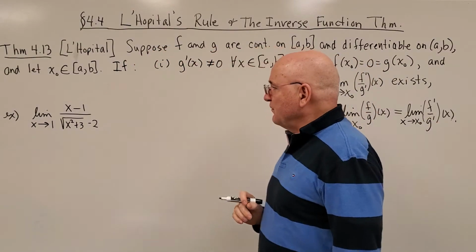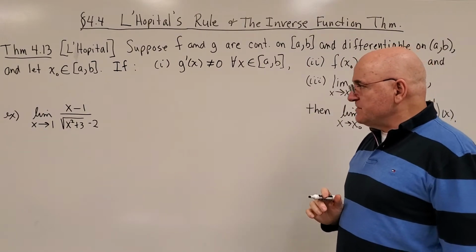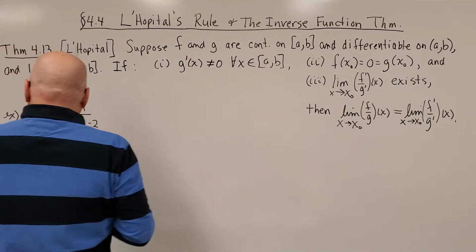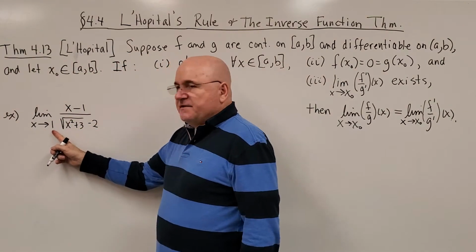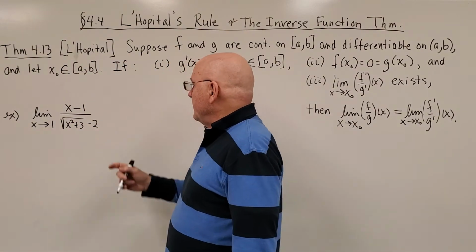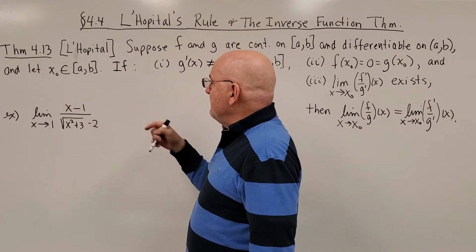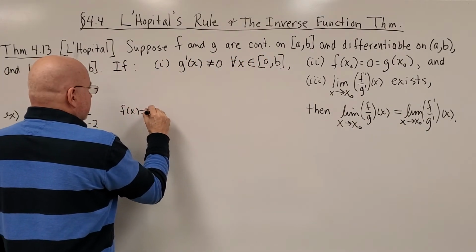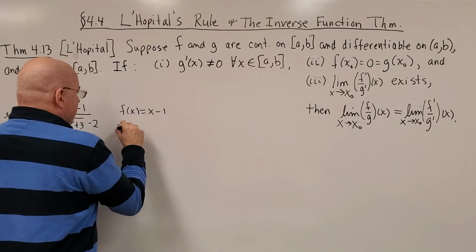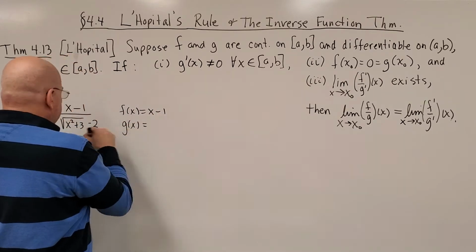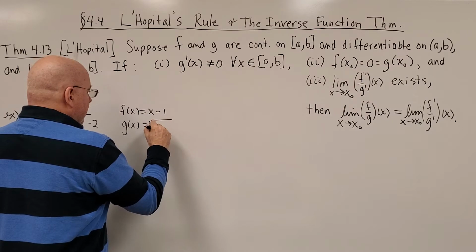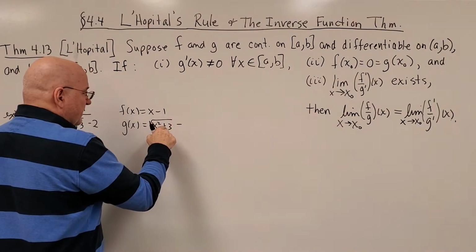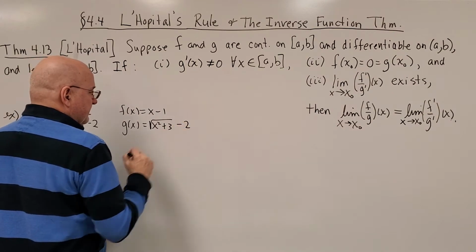Well, before we prove it, let's do a rather simple example. We're going to take the limit as x goes to x naught, so x naught is going to be 1 in this case, of x minus 1 over the radical of x squared plus 3 minus 2. So let me just go ahead and say that f of x is x minus 1, and the denominator function g of x is radical x squared plus 3 minus the number 2.